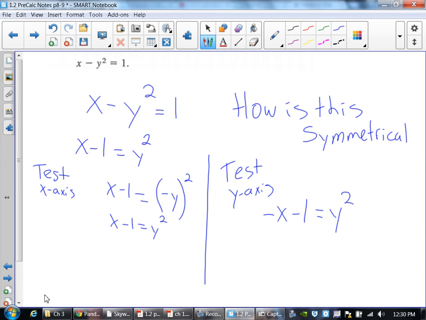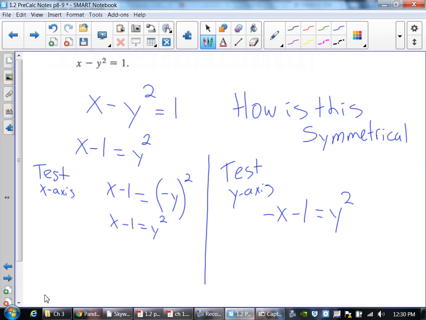And then I know for certain if the y-axis one doesn't work, then the origin won't work. Because since I flipped the x values, it didn't give me a true statement. That means if I do it again, it's still not going to work. That's a little shortcut there. Does that make sense how I'm saying that? If you get a false on one of them, that means it probably ain't going to work on the last one. Okay?